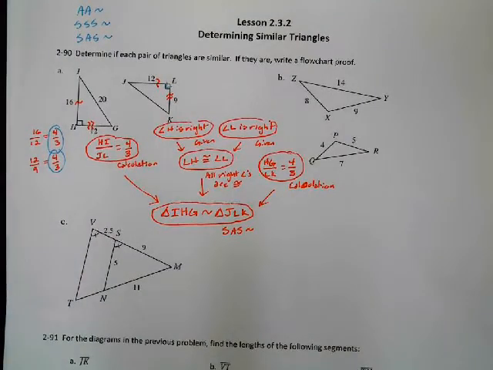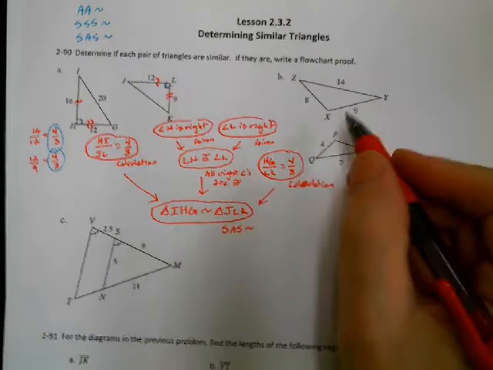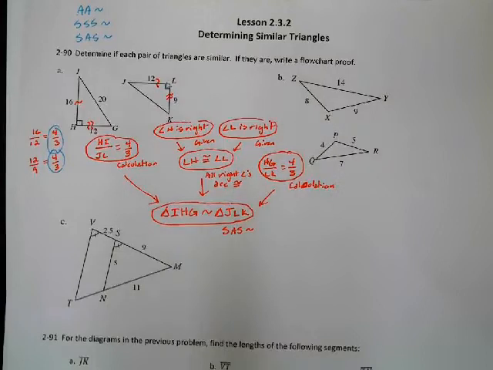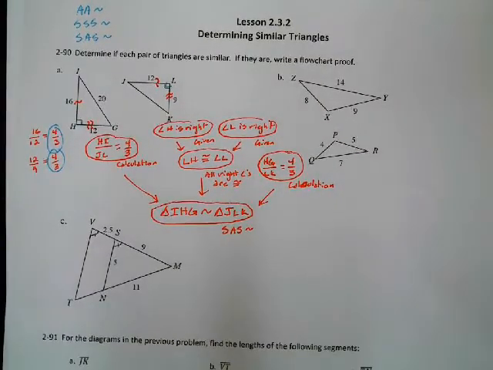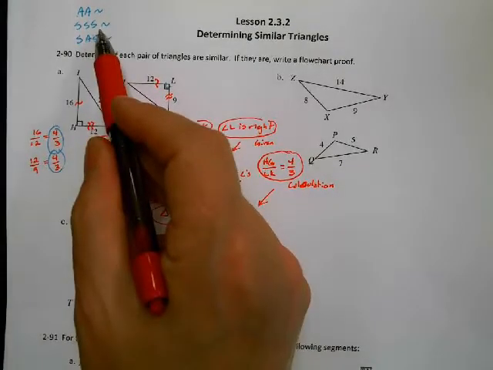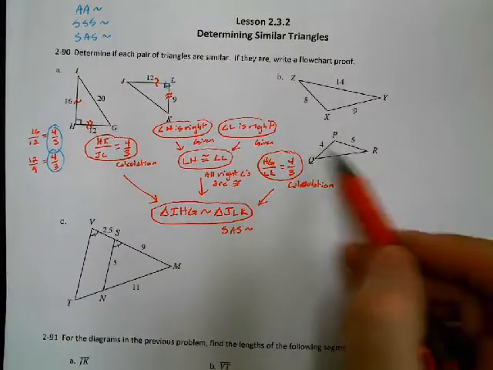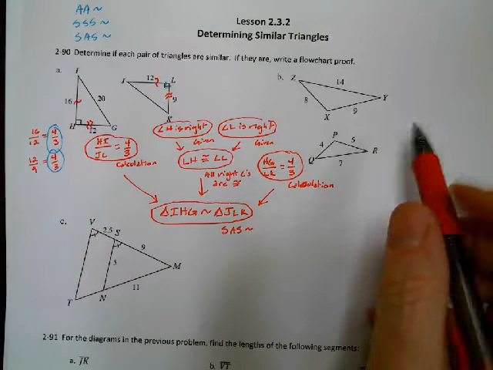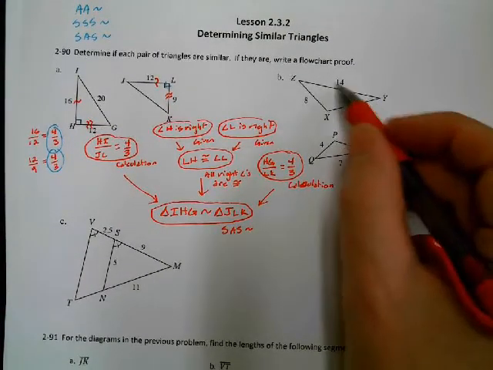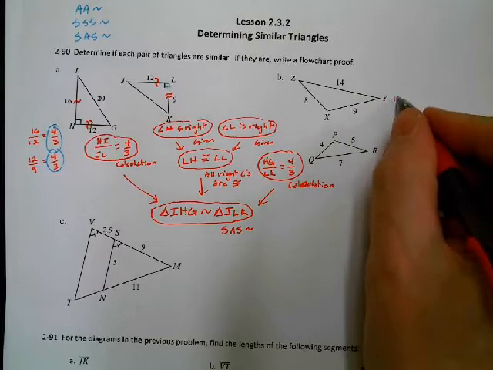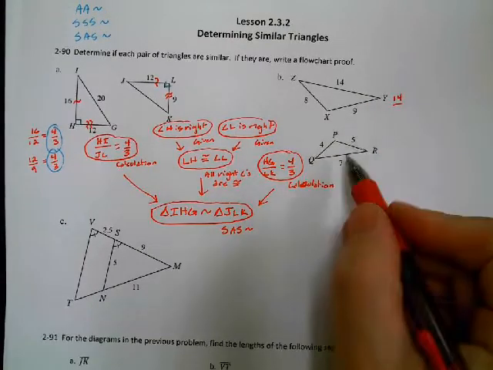All right, next one. For this one, we don't have any angles on it, so we have to try to see if the sides are proportional. So side-side-side would be the only option for this one since there's no angles. All right, so let's see. The biggest one is 14, and then the biggest one over here is 7.